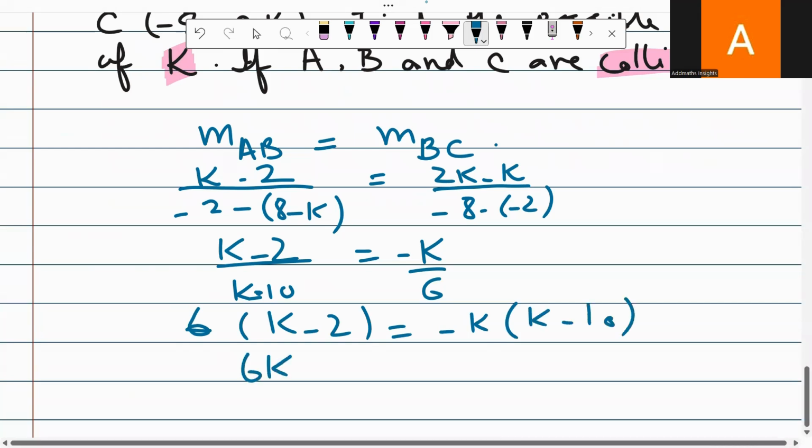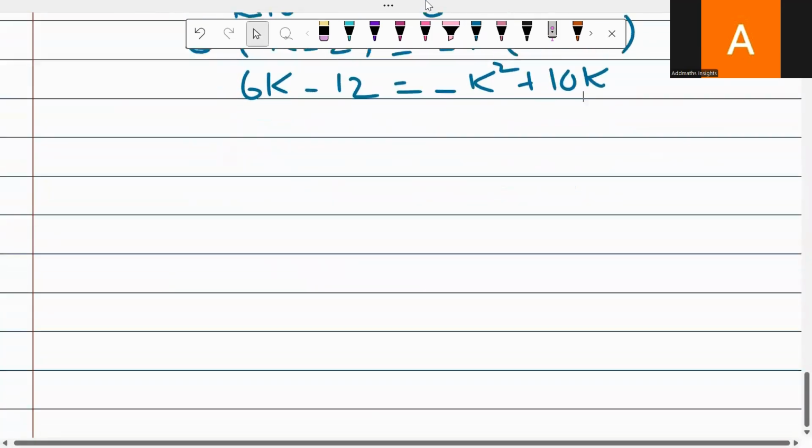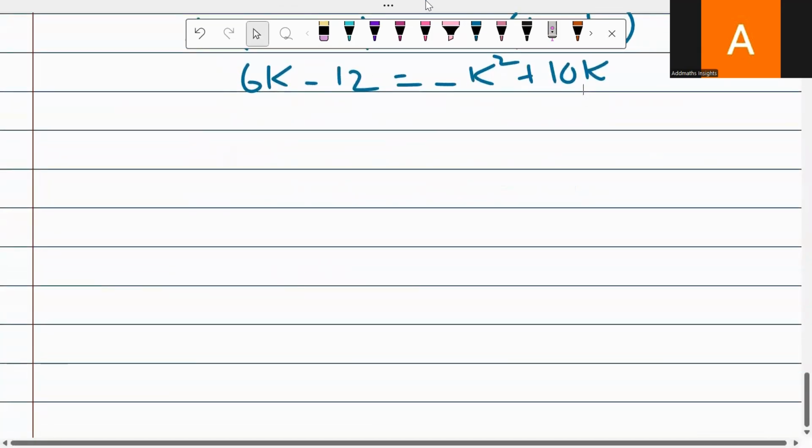So you get 6k minus 12 is minus k square plus 10k. So it will be k square minus 10k plus 6k minus 12 is 0.